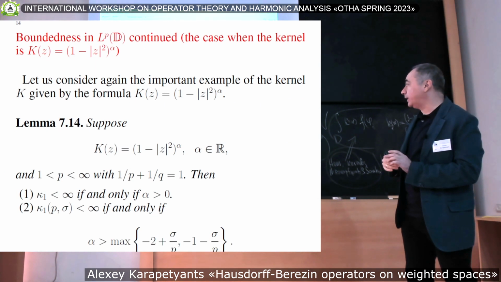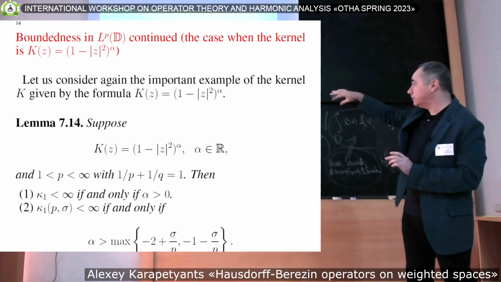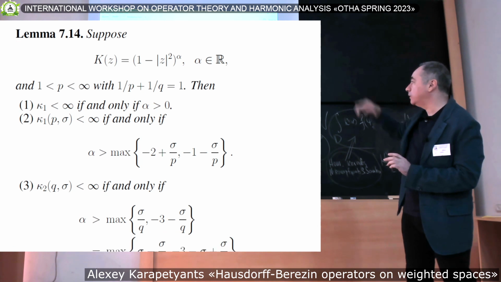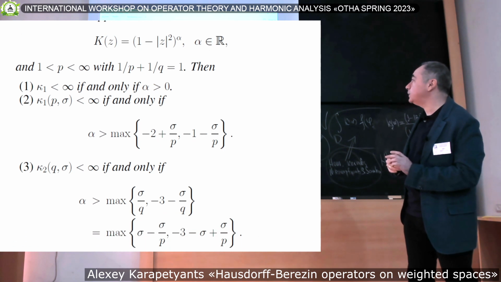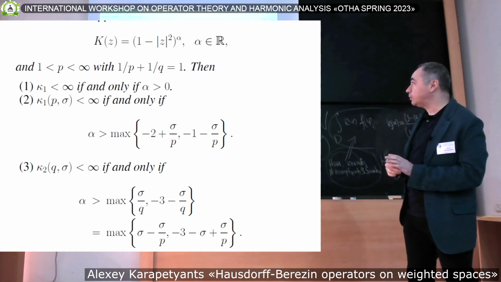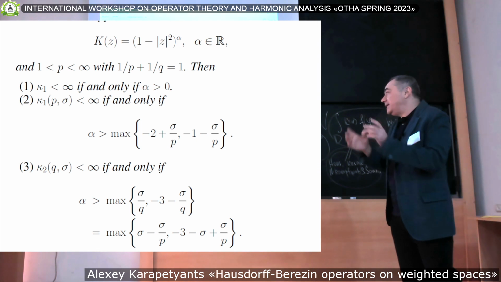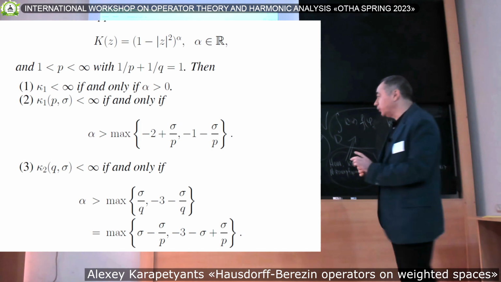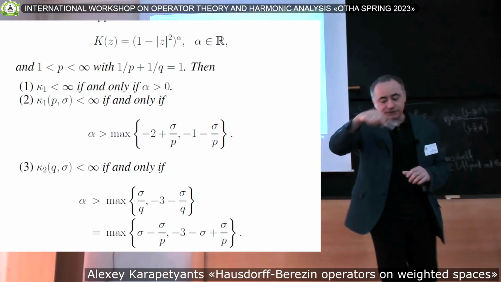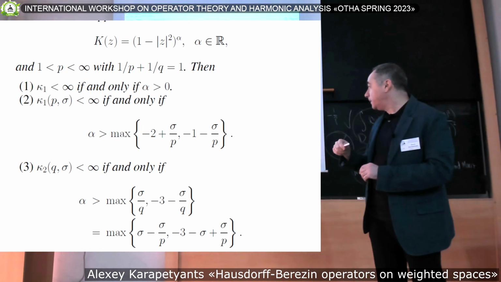For this particular case, we can formulate conditions in terms of alpha. You may say these are strange conditions, but not, because if you remember in the previous theorem, sigma is greater than -1.